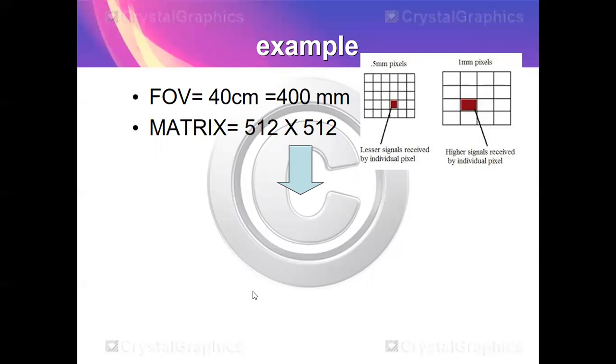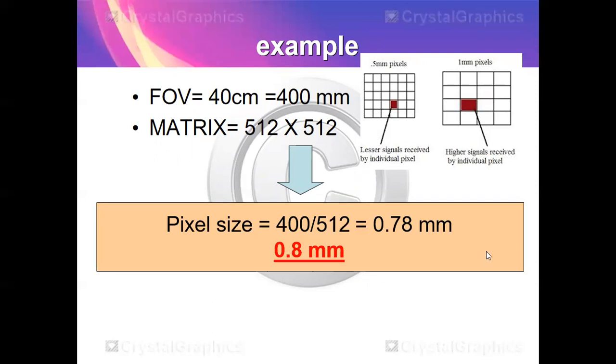Based on the given FOV and matrix, the pixel size is 400 divided by 512, based on our formula, FOV divided by matrix size. So the pixel size is 0.78 millimeters, or 0.8 millimeters if we round it off.